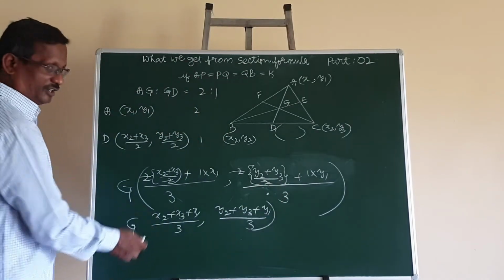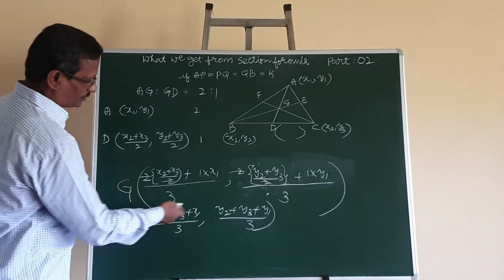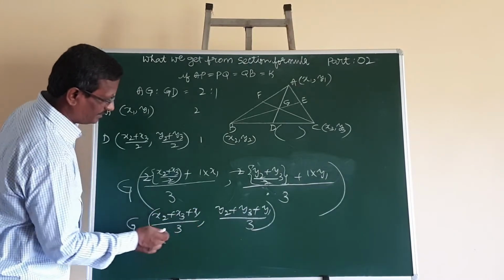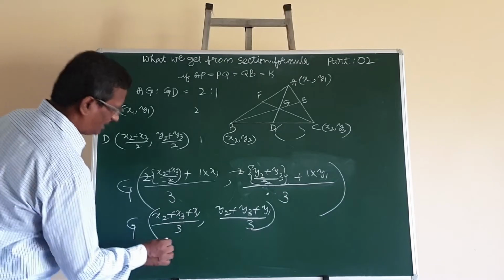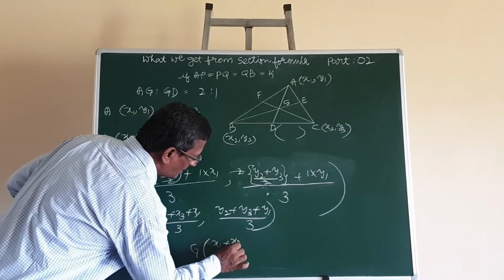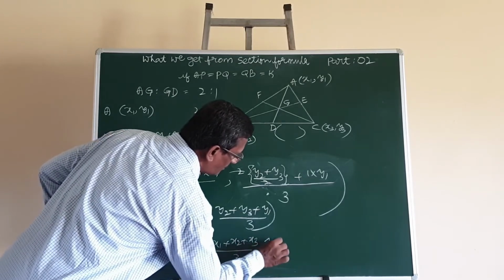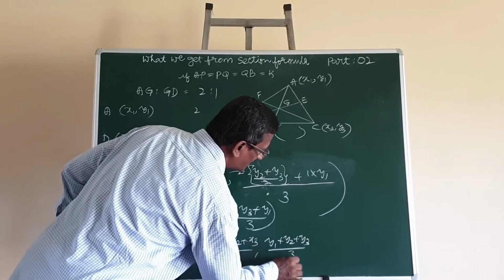The addition of numbers is commutative and associative, so the order of the coordinates or the vertices does not give any new sum. Therefore, we can also write G is equal to ((x1 plus x2 plus x3) by 3, (y1 plus y2 plus y3) by 3).